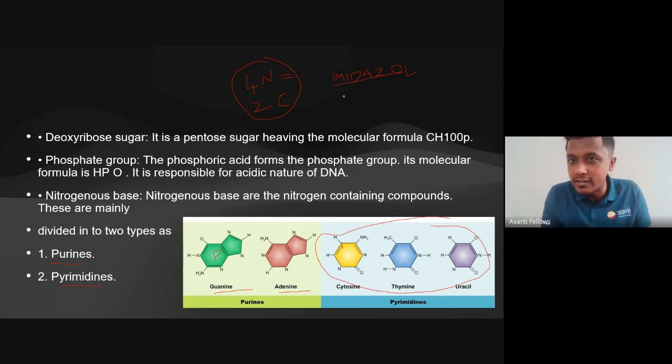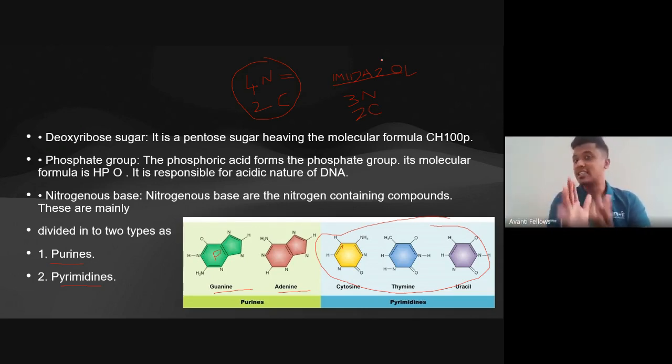So what do we have in this imidazole ring? We have 3 nitrogen and 2 carbon atoms. If we compare, one ring has 4 nitrogen and 2 carbon, the other ring has 3 nitrogen and 2 carbon.